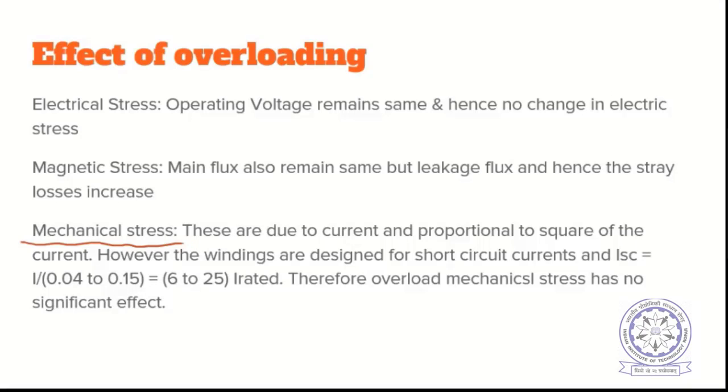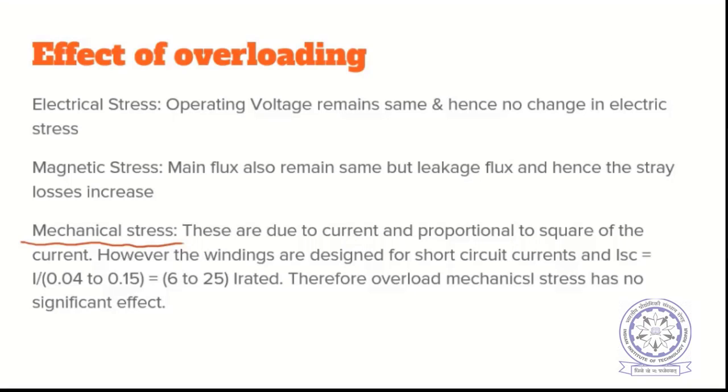Short circuit means there is a complete short circuit on the line, so the impedance will be very small, 0.04 per unit to 0.15 per unit. This will lead to around 6 to 25 times the rated current as short circuit current.